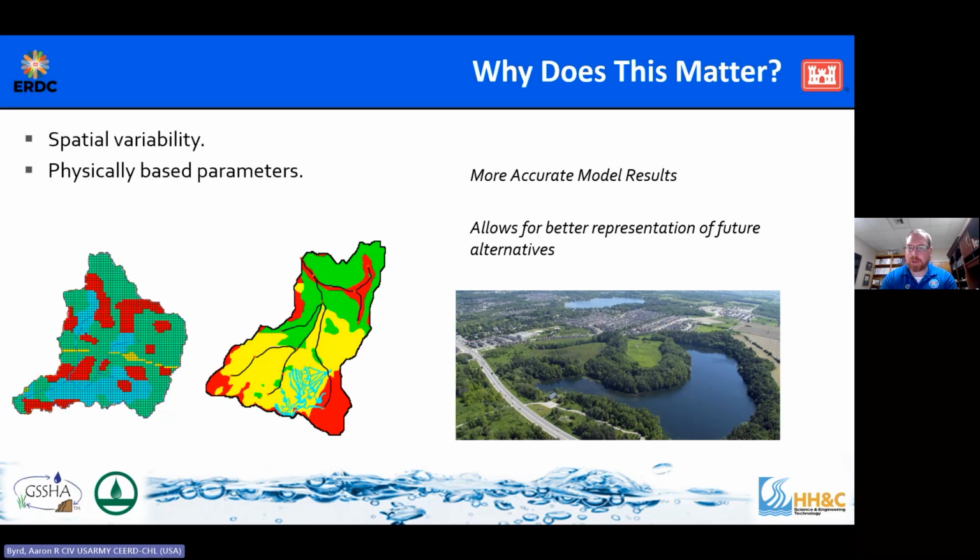And also, because we're solving physics-based processes, we have physically based parameters. So we can parameterize things much more simply and easily than other types of models where you're engineer guessing what's the right parameter and then calibrating on the backside.